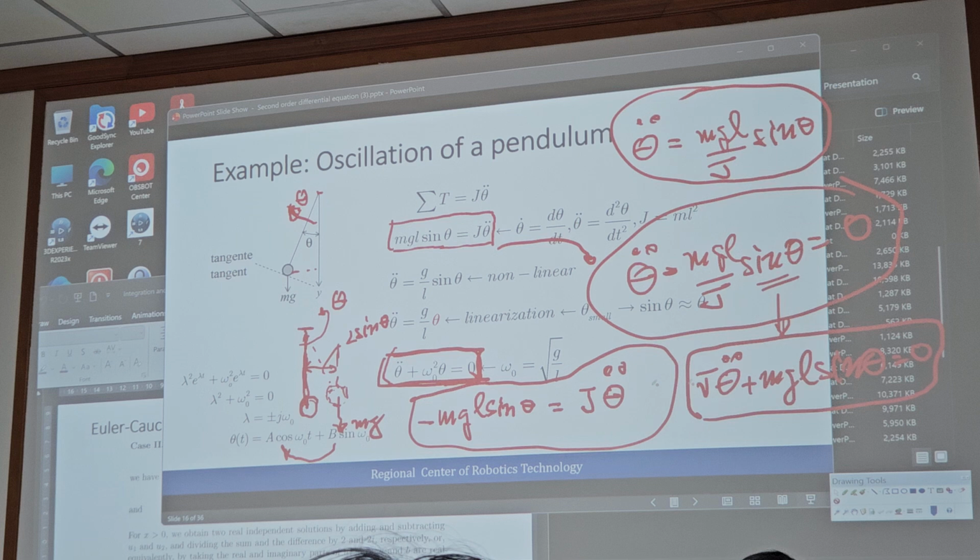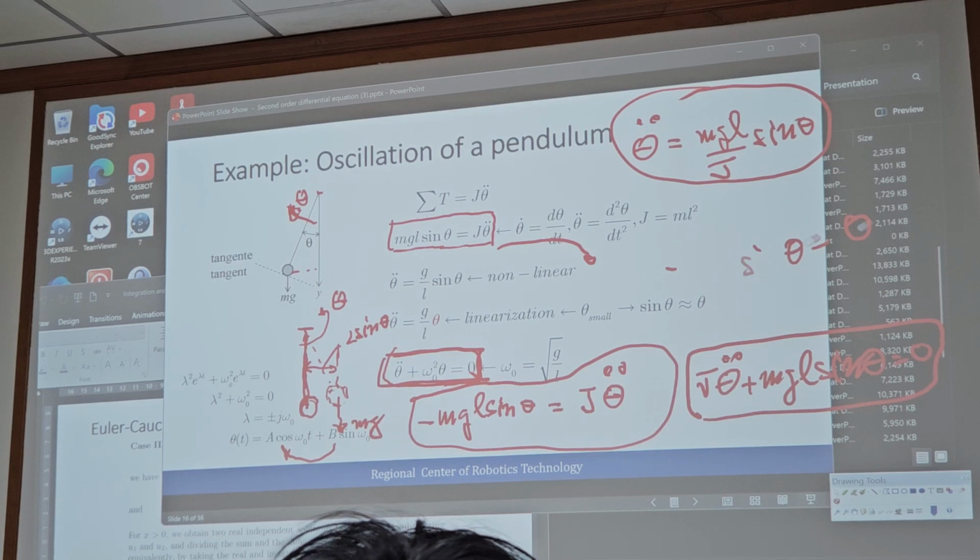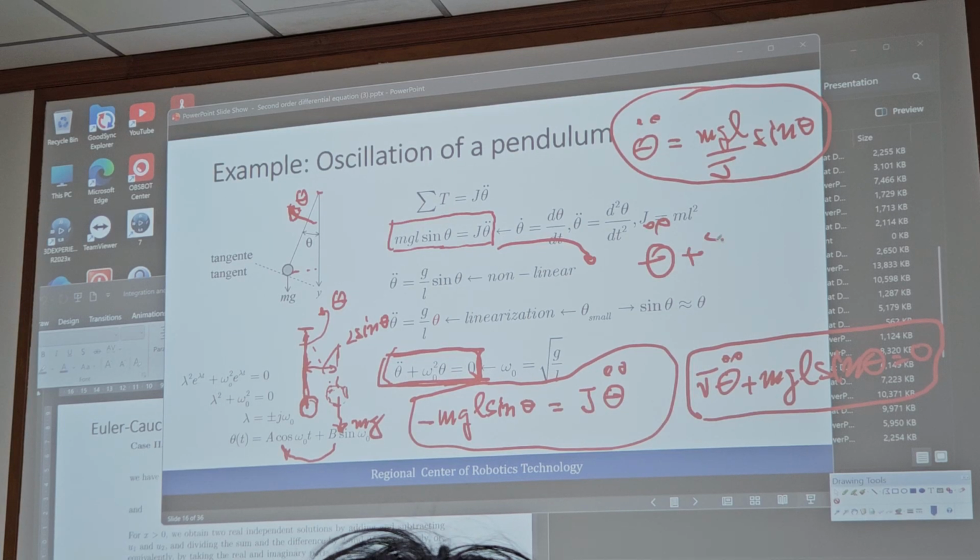Let's say I modify this one: theta double dot equal to mgL over J sine theta equal to 0 in this case.